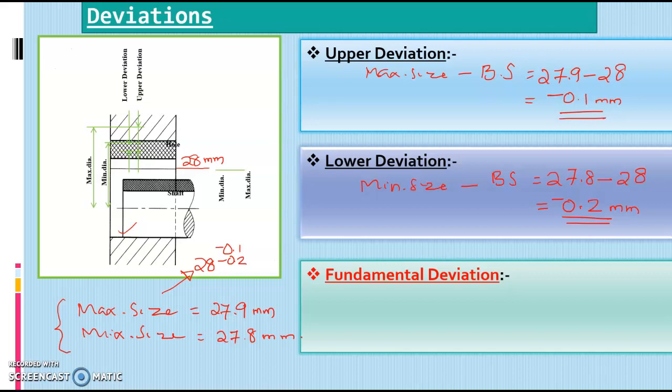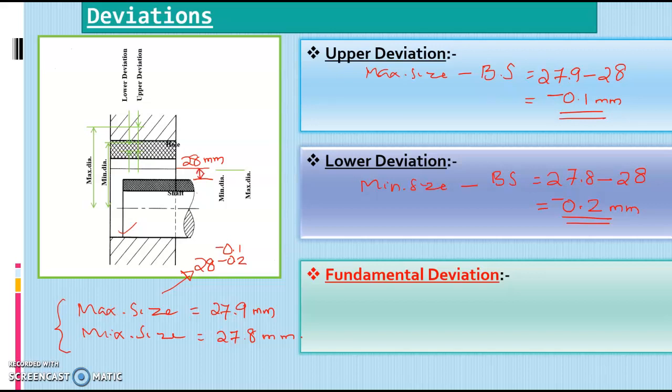Now we have to find which of the upper deviation and lower deviation is nearest to the basic size. We will use this picture. This line represents the maximum size of the shaft, and the difference with the basic size is the upper deviation.